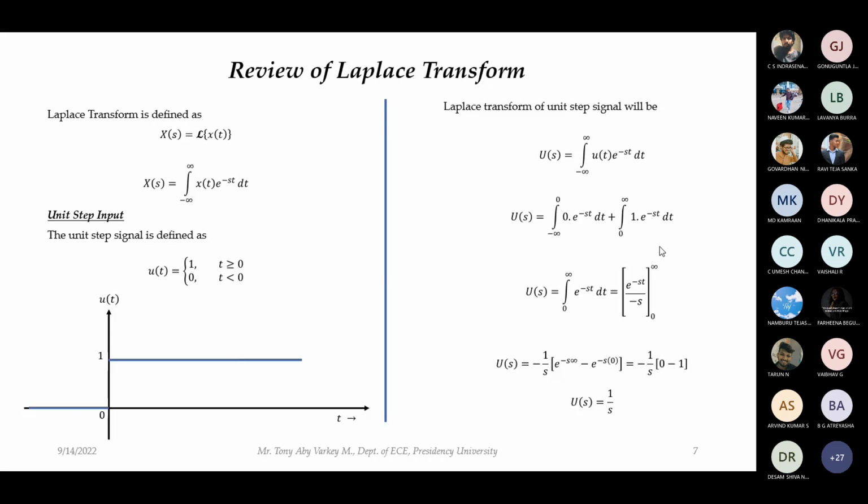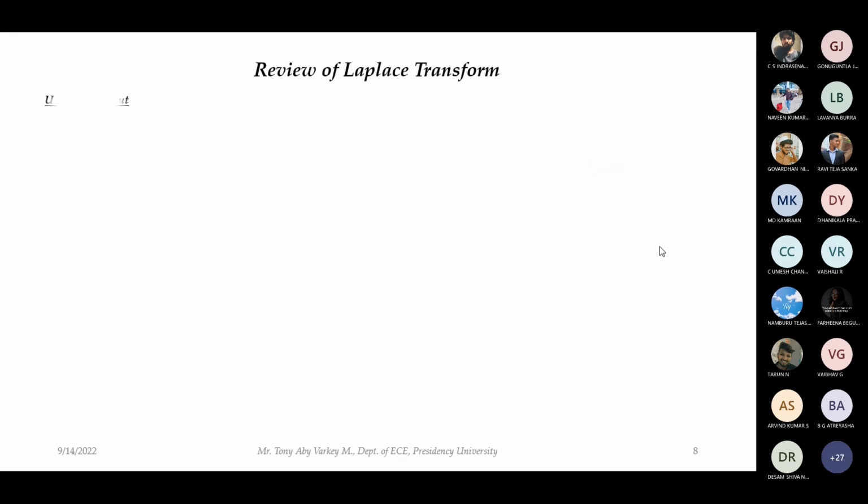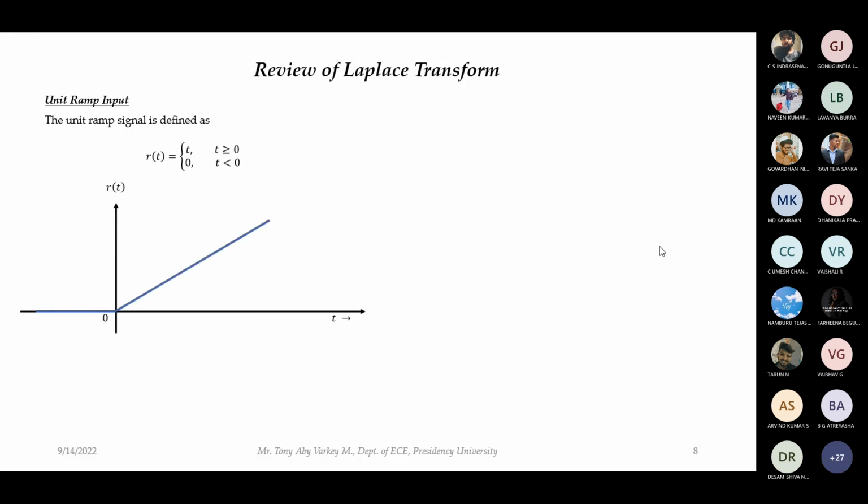Now another important test input is the unit ramp signal. The unit ramp signal is defined as r of t equal to t when t is greater than or equal to 0, and equal to 0 when t is less than 0. Graphically, I can represent it like this.